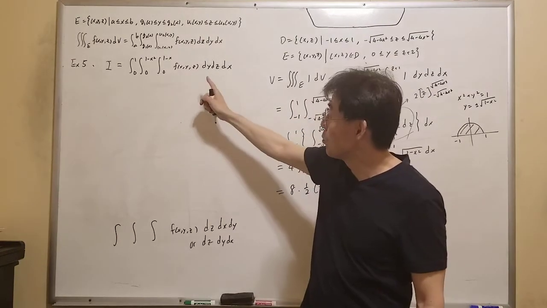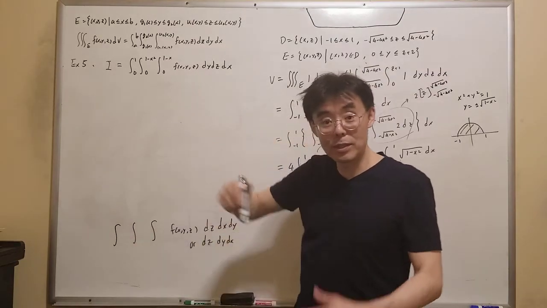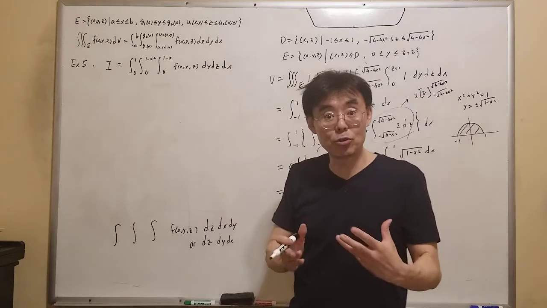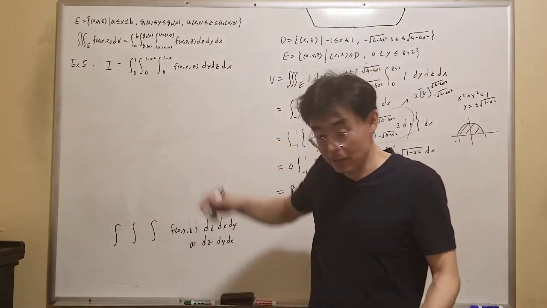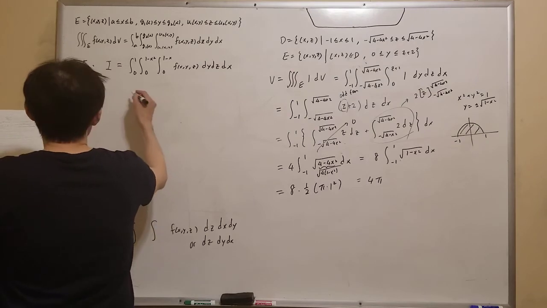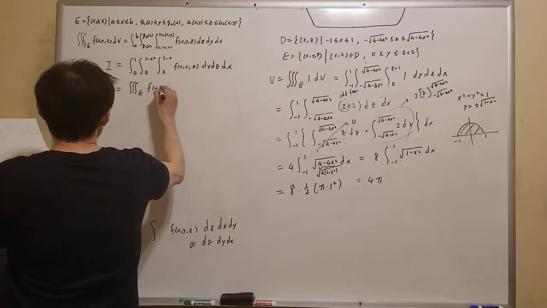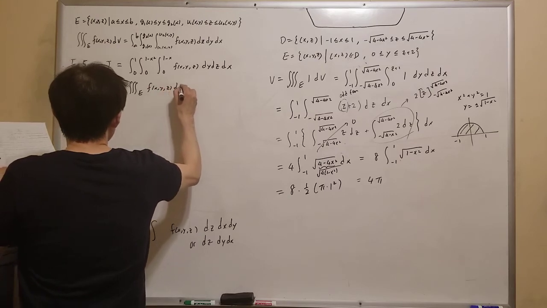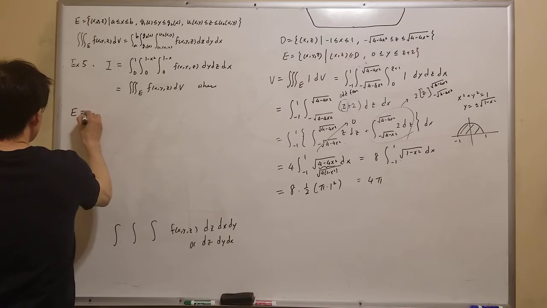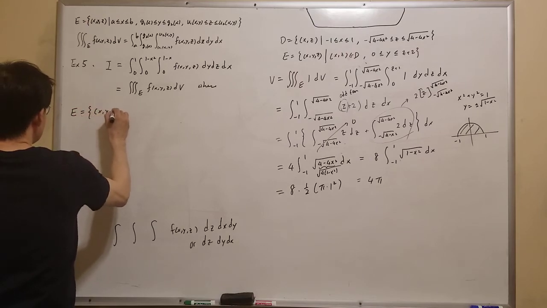In order to do that, we have to recognize this one as a triple integral over a certain region E. We have to recognize the shape of E from here. So this must be the triple integral over E, where your E can be written this way.